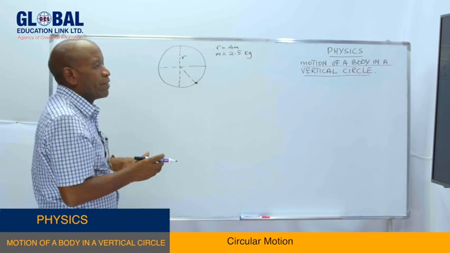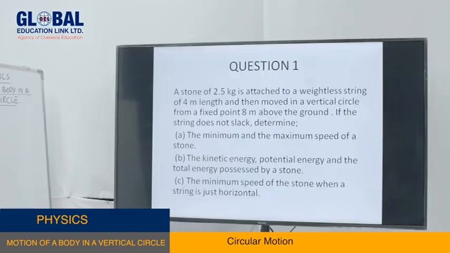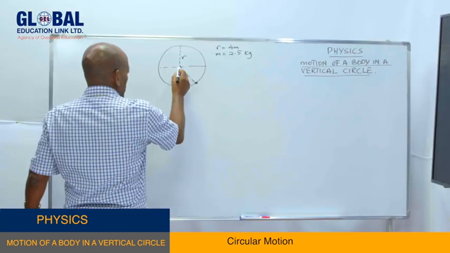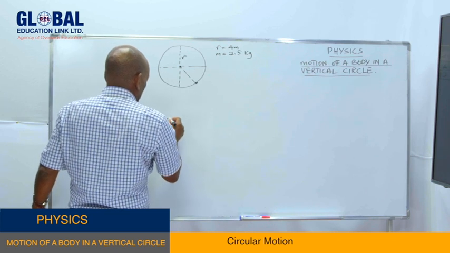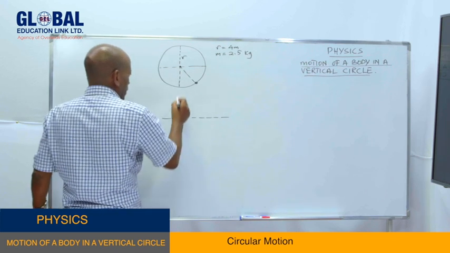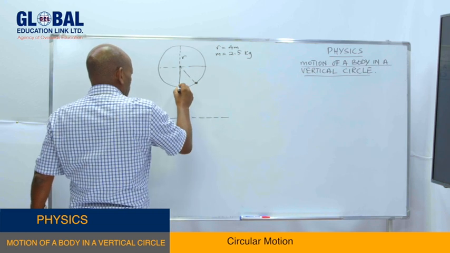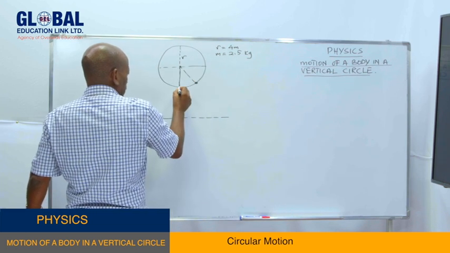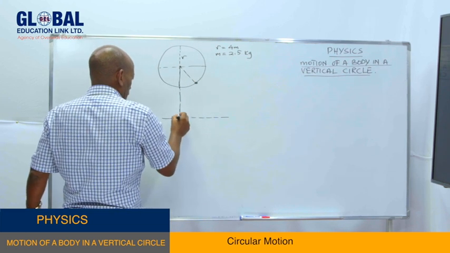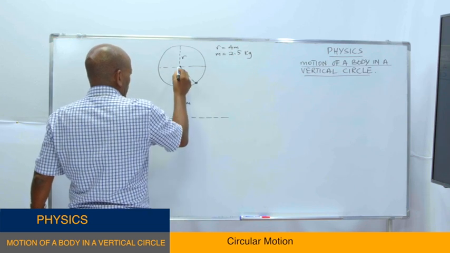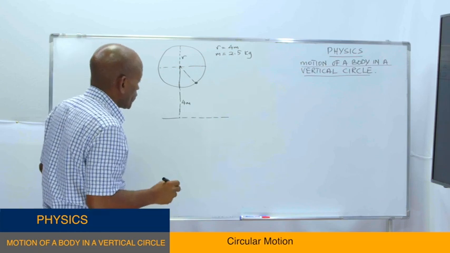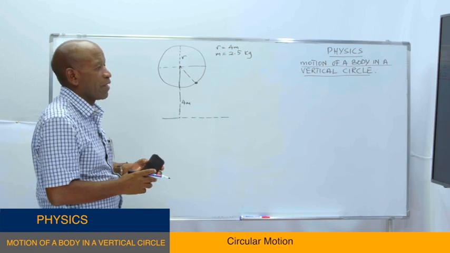And it is fixed 8 meters above the ground. So we take that this point is 8 meters above the ground, with the ground somewhere there. If the radius is 4 meters, then from the lowest point to the ground there is also 4 meters.